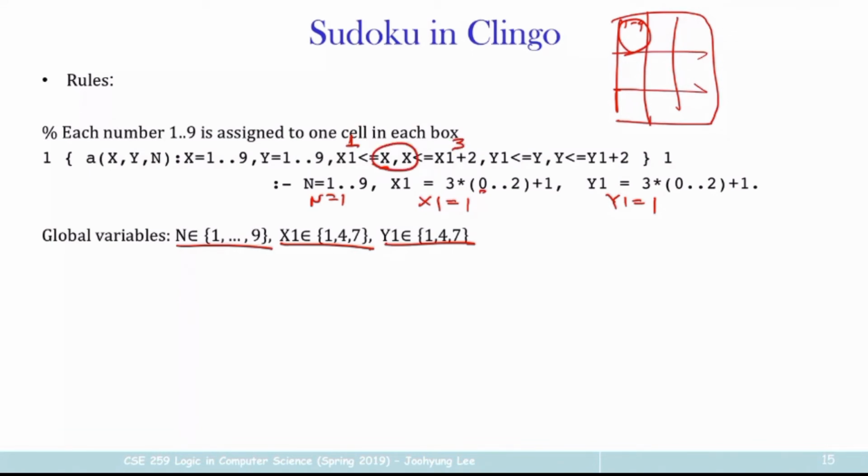The local variable x will range from 1 to 3, and the local variable y will also range from 1 to 3. So this is y1, y1 is 1, and y1 plus 2 is now 3. Then this y, in between 1 and 3, the local variable will range over 1 to 3.